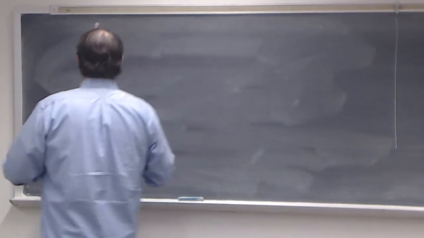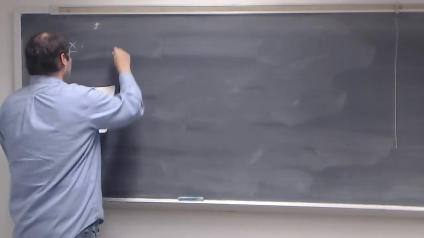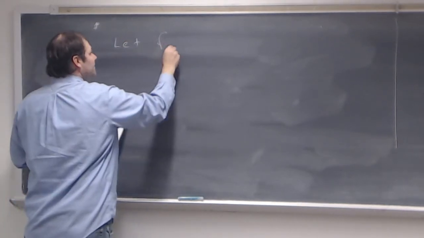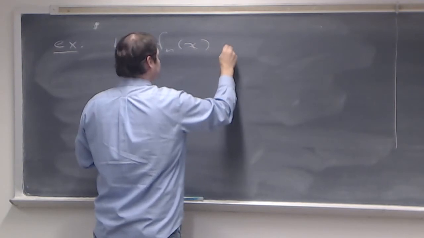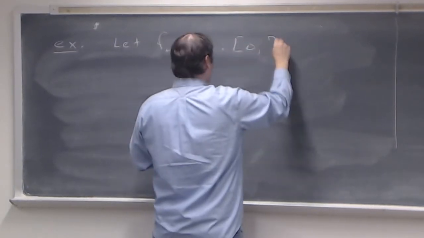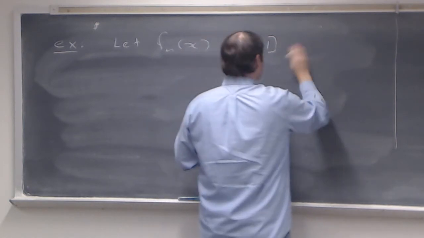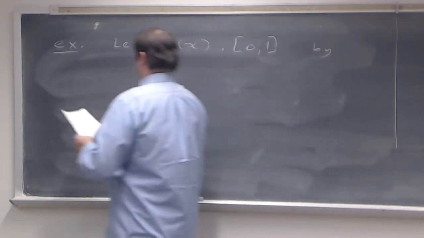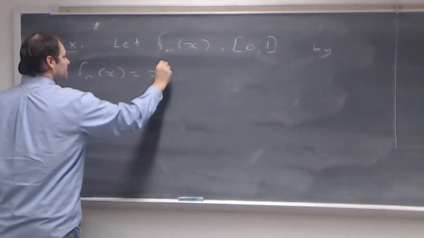Okay, another example I'd like to look at is the following. We're going to let f sub n of x be defined on 0 to 1 by f sub n of x equals x to the n.